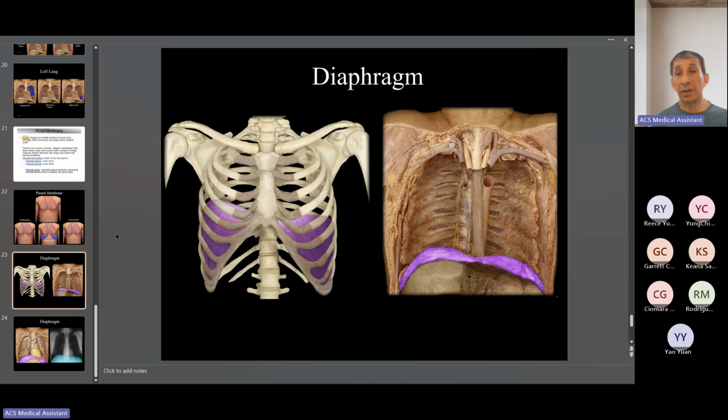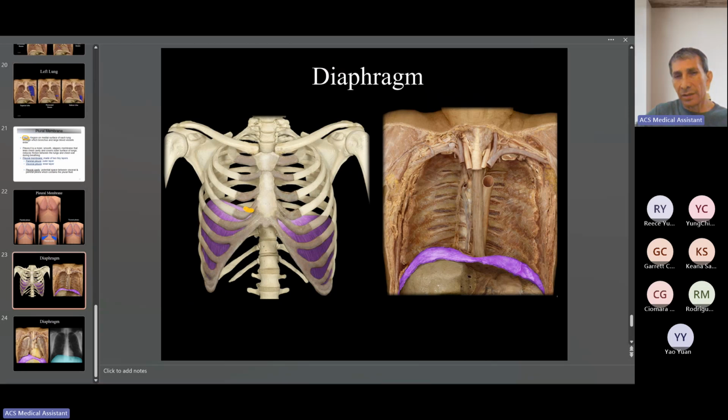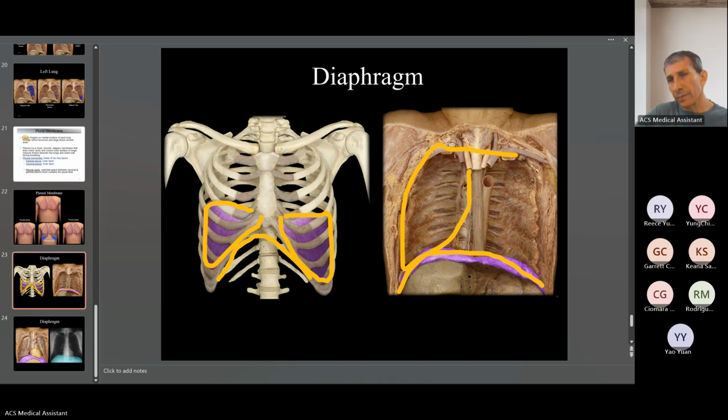Where is the diaphragm located? The diaphragm is located in between the thoracic and the abdominal cavity. Because if you see right here, these are the lungs. But then right here is going to be the diaphragm. See, these are the lungs, and the diaphragm is here.